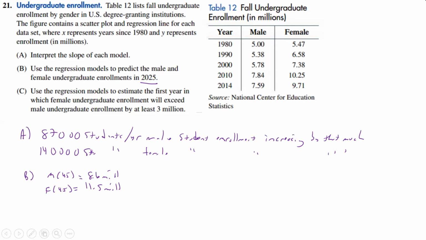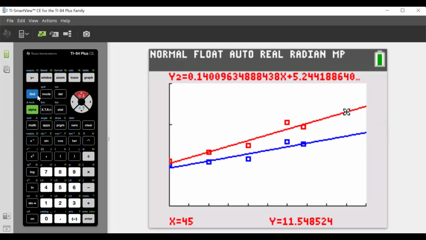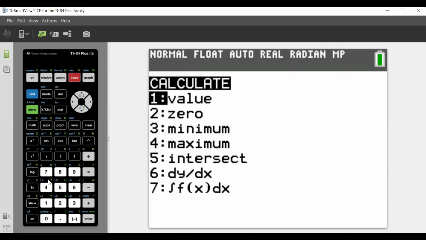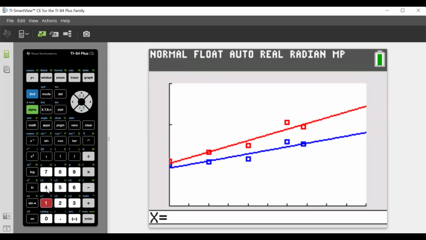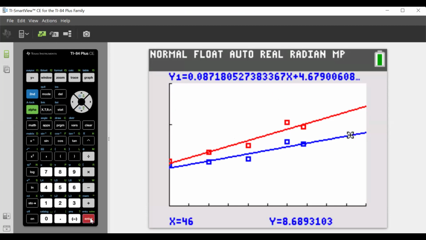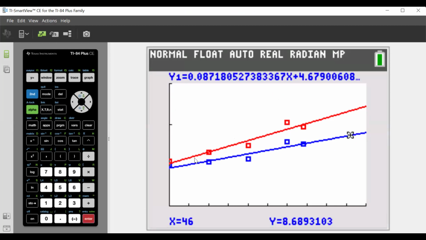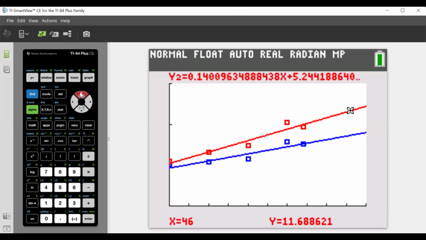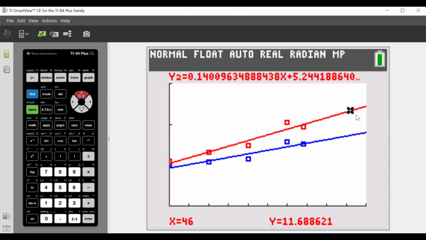And so if we say instead second trace, value, and we say 46, we get 8.7 and we get 11.7. And so that's going to be 3 million more than this one.